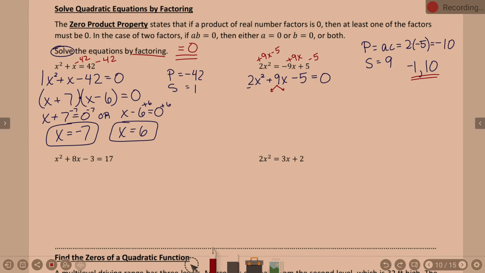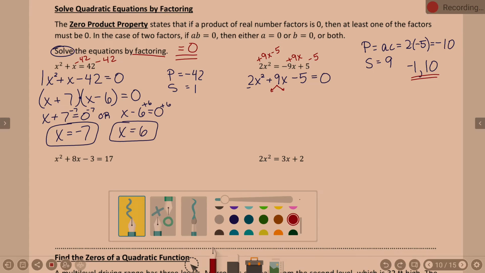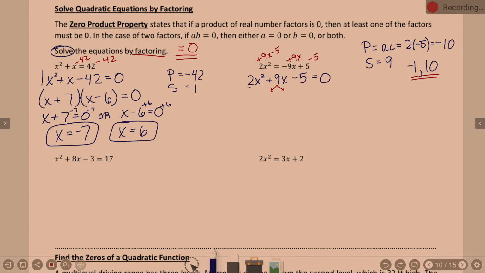Does this sound familiar? I know you've slept hopefully at least 3 times since I last saw you. Friday night, Saturday night, Sunday night? Okay, so 9x is going to split into either minus 1x plus 10x or plus 10x minus 1x.